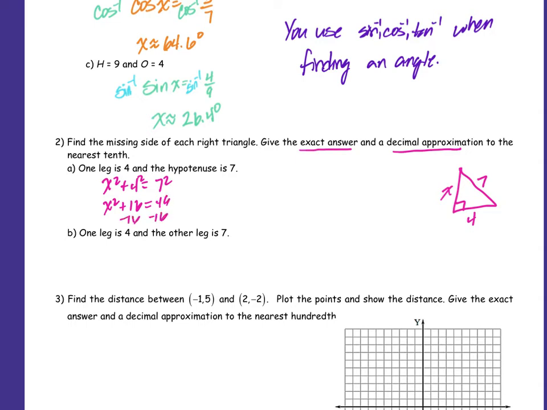Subtract 16. So x squared is going to equal 49 minus 16, which is 33. Okay, so I'm going to square root it just like we did on our warm-up. So x is going to equal the square root of 33.